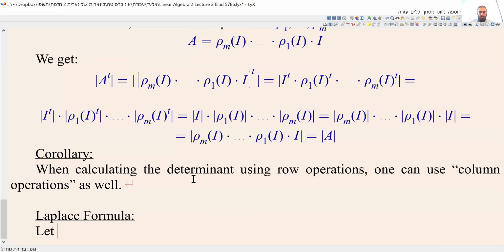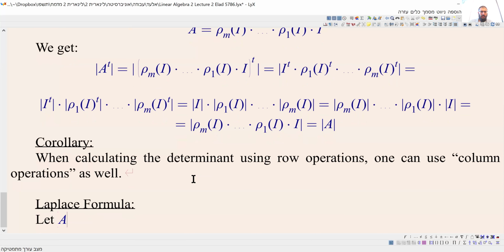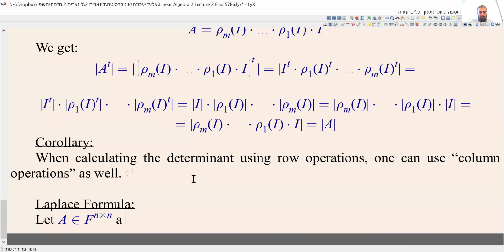Let every good thing start with a let. Let A be an n by n matrix.